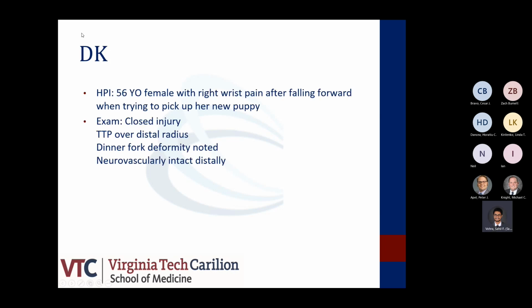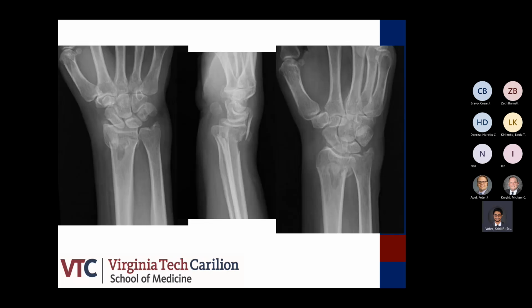All right, our next patient is DK. She's a 56-year-old female with right wrist pain after falling forward when trying to pick up her new puppy. On exam, she has a closed injury. She's tender to palpation over the distal radius. She does have a dinner fork deformity, and she's neurovascularly intact distally. So how about Zach? Sure.